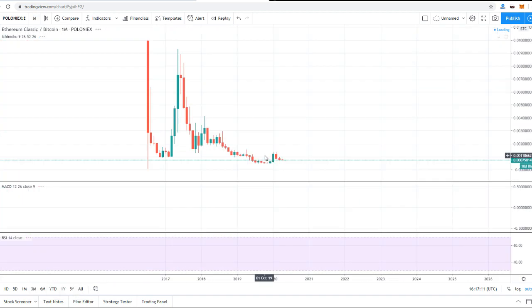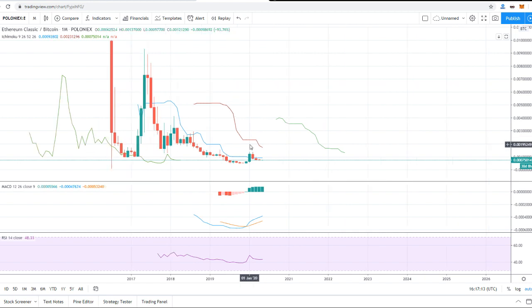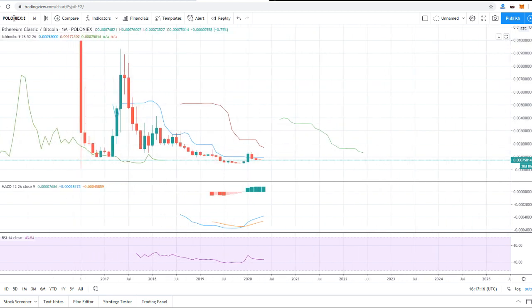Let's take a look at the monthly chart of Ethereum Classic real quick. There's not much data, but there is some data which tells us that the buying pressure is now increasing every day or every month, I would say.